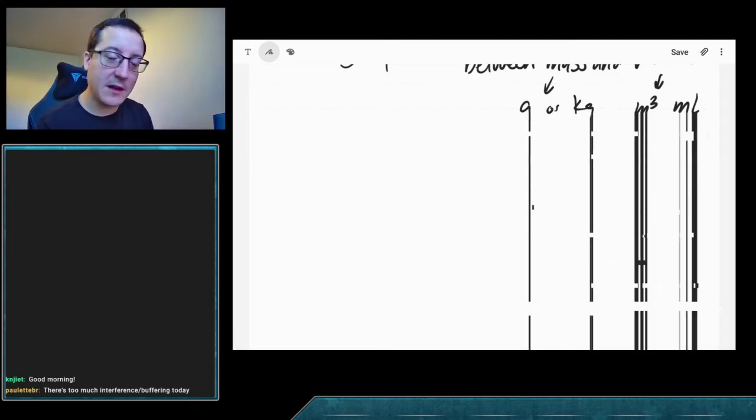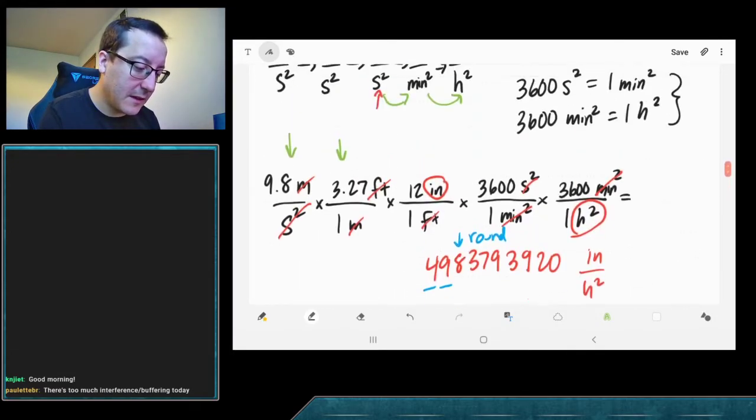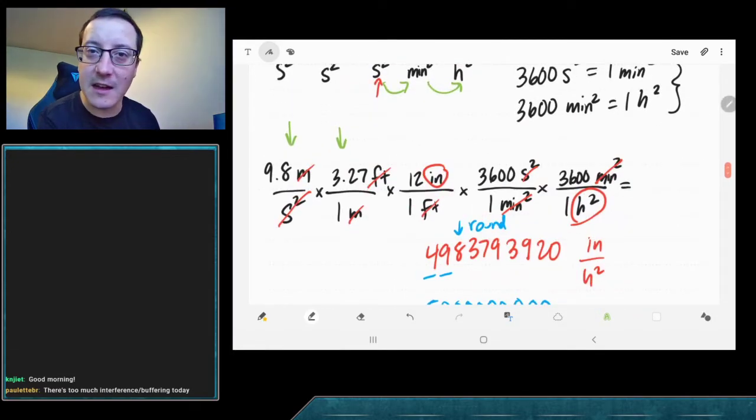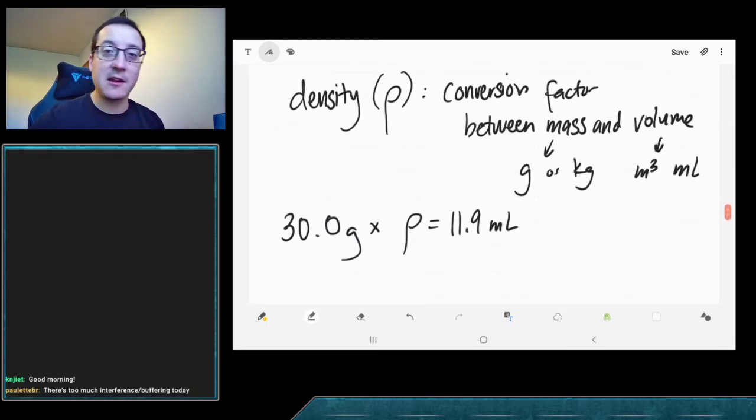Typically, when you're doing a unit conversion, you're staying the same thing, like a unit of distance would stay a unit of distance. In this example, we had a distance unit and a time unit, and we ended up with a distance unit and a time unit at the very end. But density is going to be a special one that can convert between different quantities.